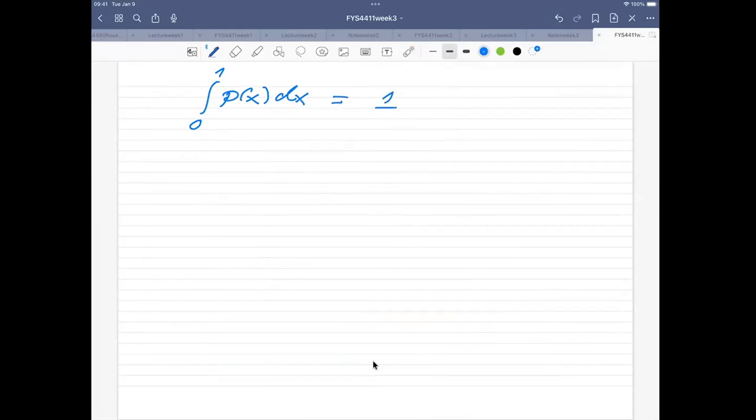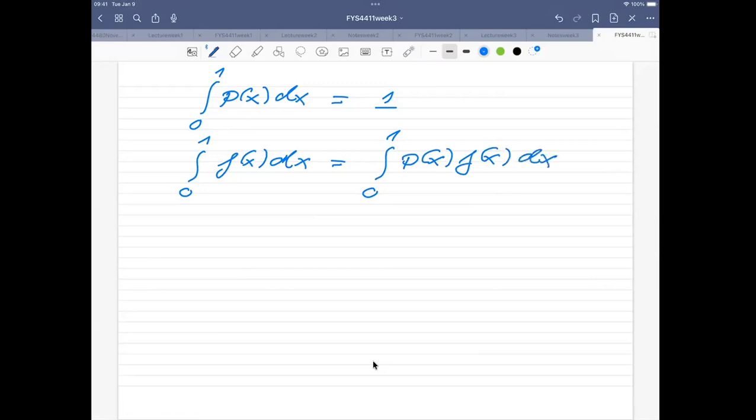The expectation value of the function f of x, which is the function I want to integrate, I can rewrite as the integral of f of x p of x dx.